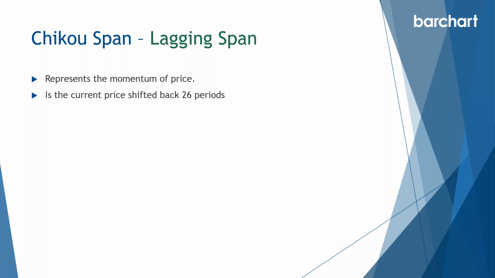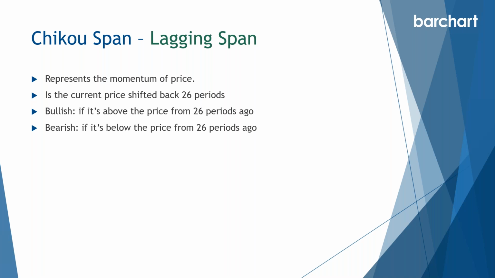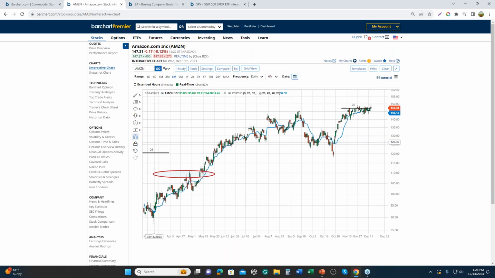This gives you immediate feedback on trend confirmation. If the line is above price from 26 periods ago, that is interpreted as bullish. If the lagging span is below price from 26 periods ago, that would be interpreted as a bearish signal.